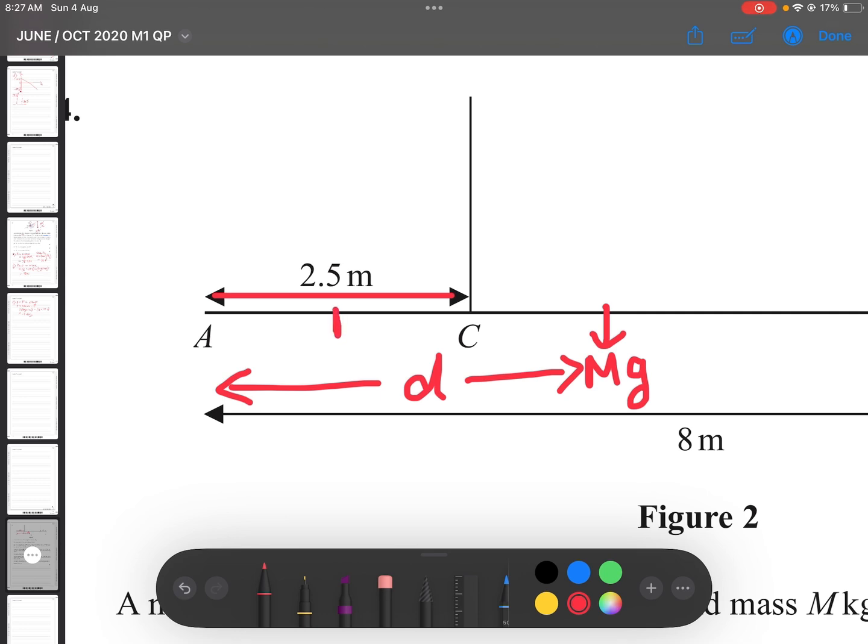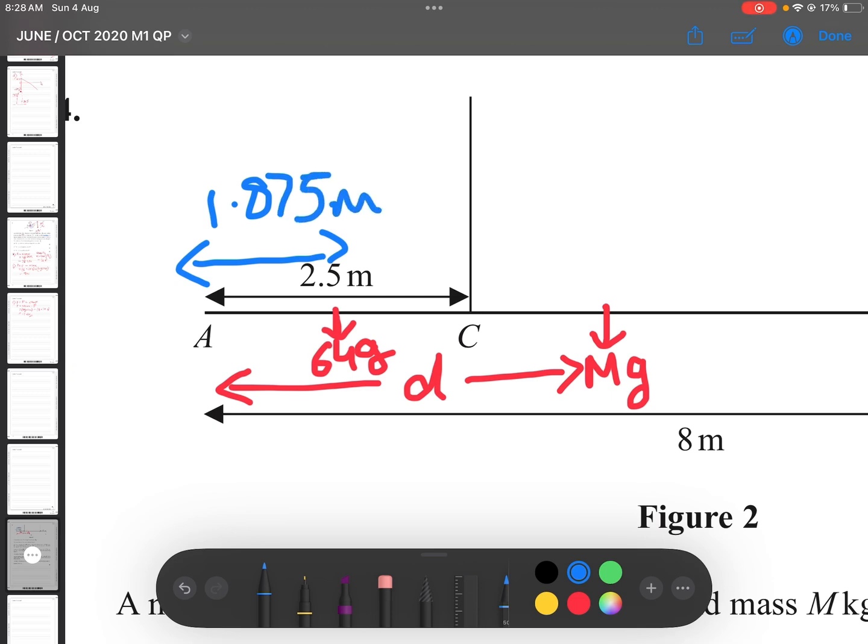Let's take it here, and this is going to be acting downwards, 64g, and this part is 1.875 meters. I'll write it with another color so that it's more understandable. First let's deal with the 64 kg gymnast and then we will deal with the 48 kg gymnast.